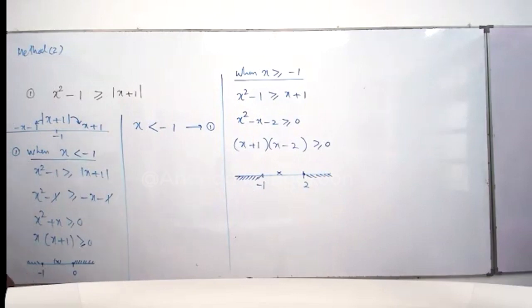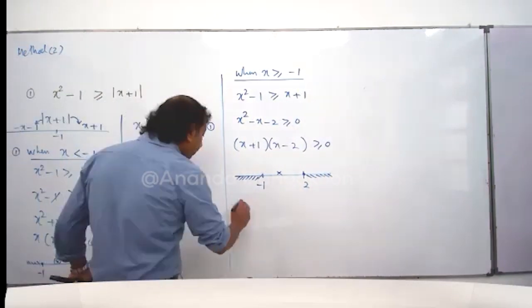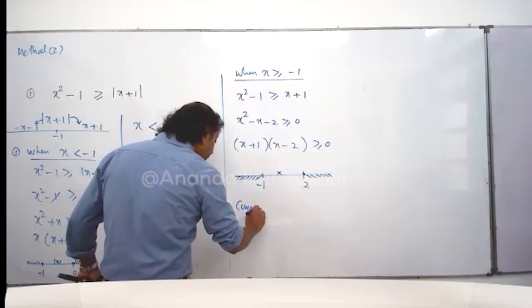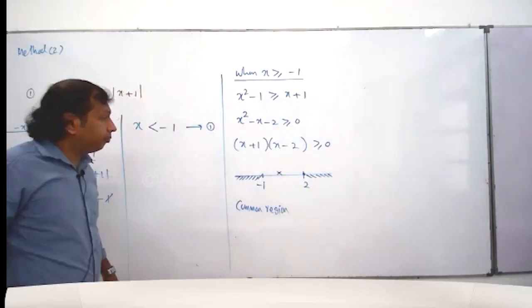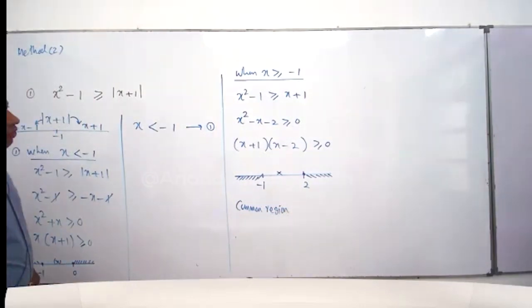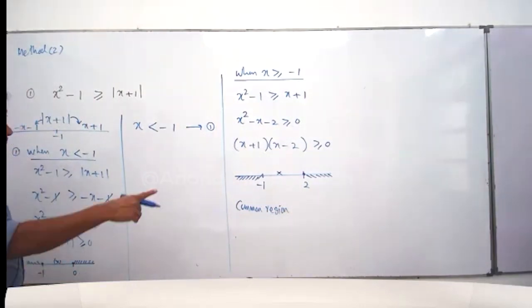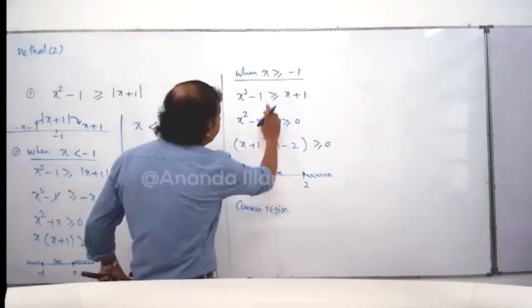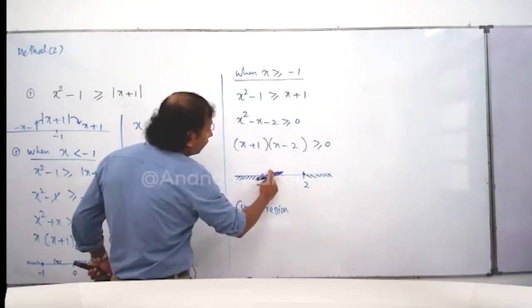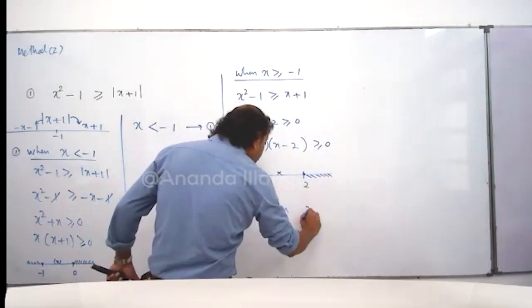Now, what is the common region? So x greater than or equal to minus 1 and this one. The common region is going to be, people, greater than or equal to minus 1. Here too, the common region is going to be x greater than or equal to 2.